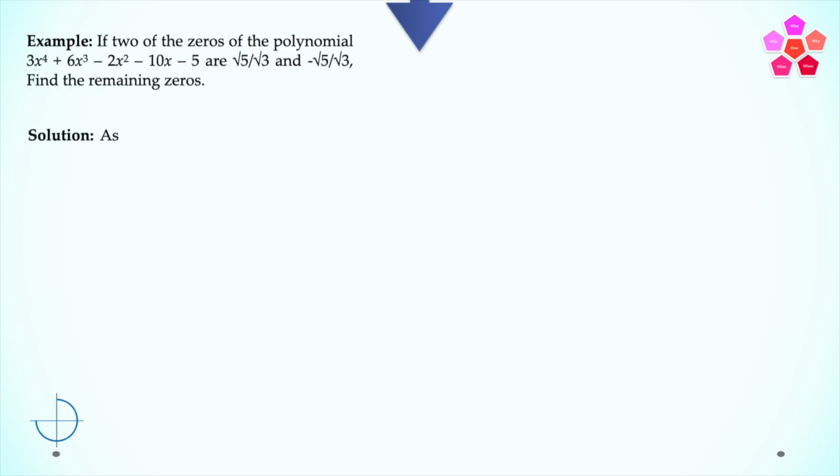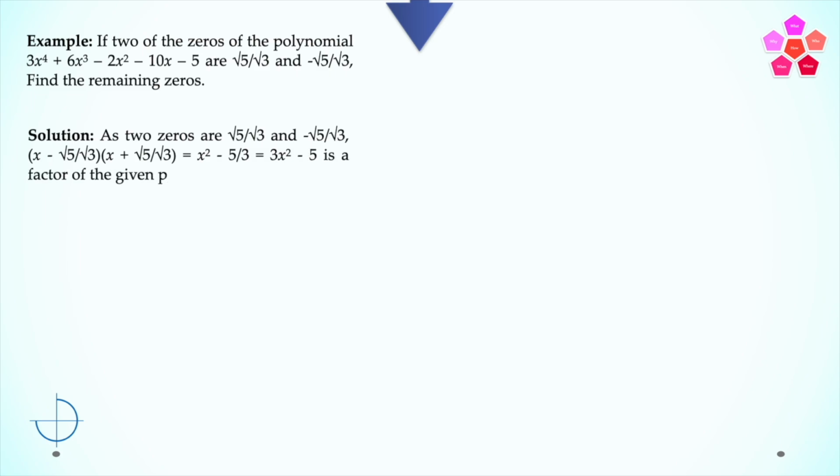Solution: let's assume that the two zeros are root 5 divided by root 3 and minus root 5 divided by root 3. So x minus root 5 by root 3 multiplied by x plus root 5 by root 3, which is equal to x squared minus 5 by 3, so 3x squared minus 5 is a factor of the given polynomial.